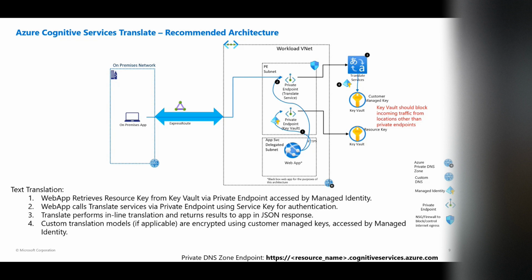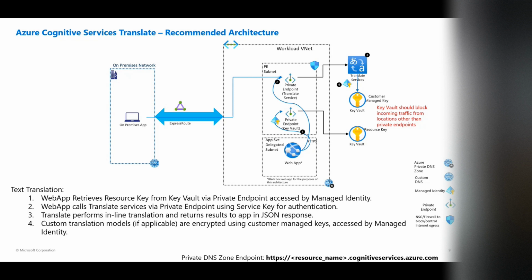For compliance reasons, if you don't do anything, they are encrypted by a Microsoft managed key. But if you want to bring in your own keys to encrypt that, then you will have to use a key vault, and you will have to give the managed identity of the translate service access to that key vault, and you have to enable trusted services, and you can lock down that key vault entirely.